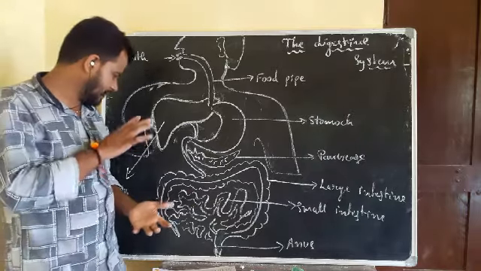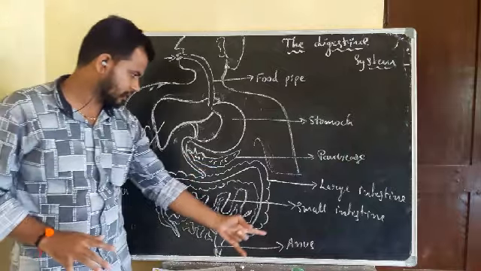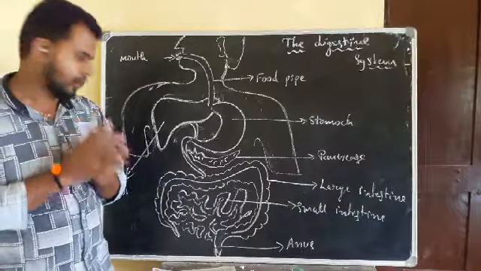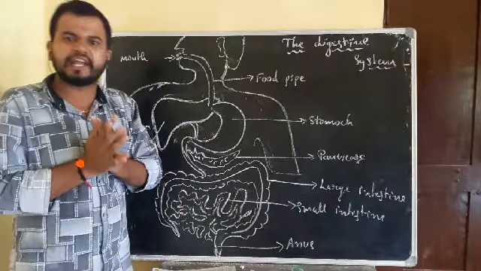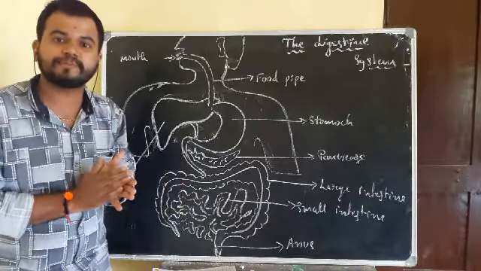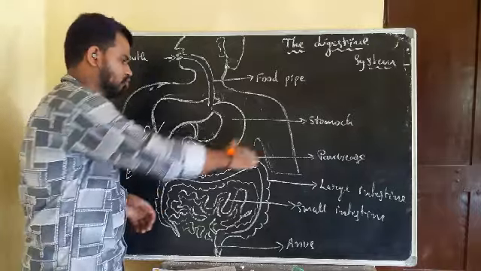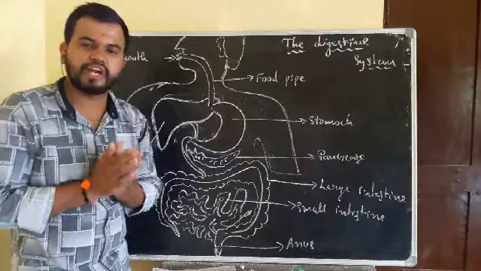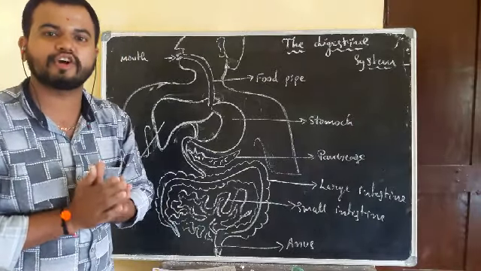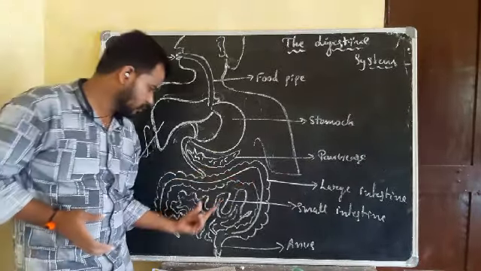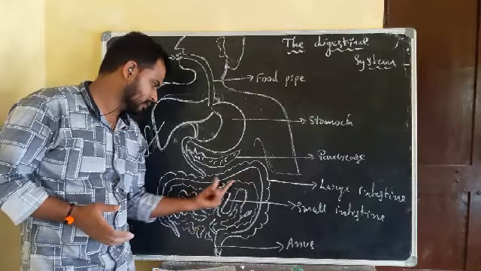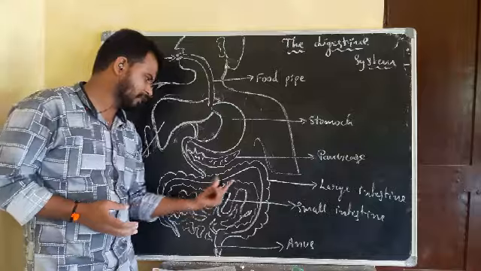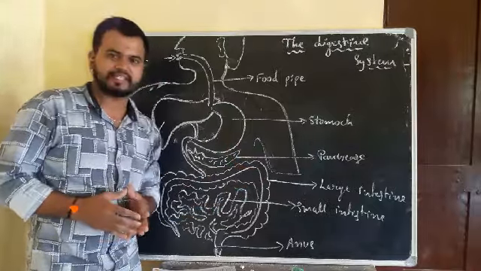Next, my dear students, the next part is what? Small intestine, large intestine. What happens in the large intestine? After complete digestion of the food, the waste product passes to the large intestine.